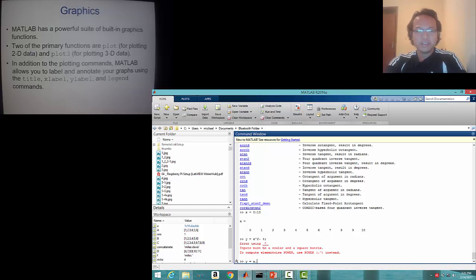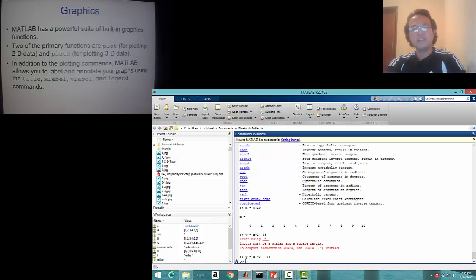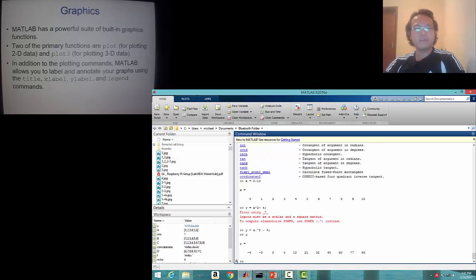You see, there should be a dot. I'm sorry, x dot squared minus 4. Okay, so let's see what is the value of y. So x squared minus 4. So what is this? 0, then minus 4.